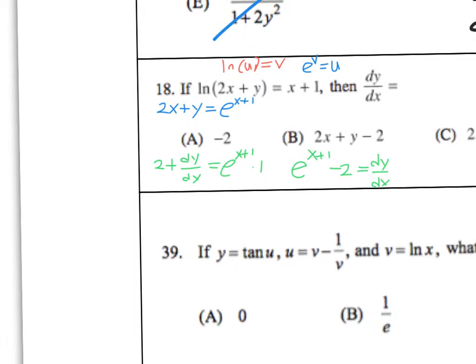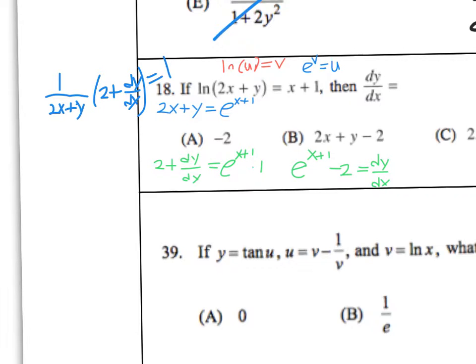So that would be 1 over 2x plus y, multiplied by the derivative of that stuff, which is going to be 2 plus dy/dx. And that's equal to 1, because the derivative of x plus 1 is just 1.